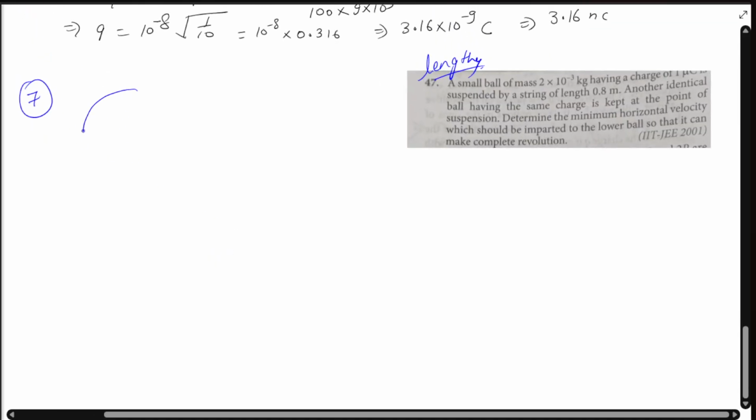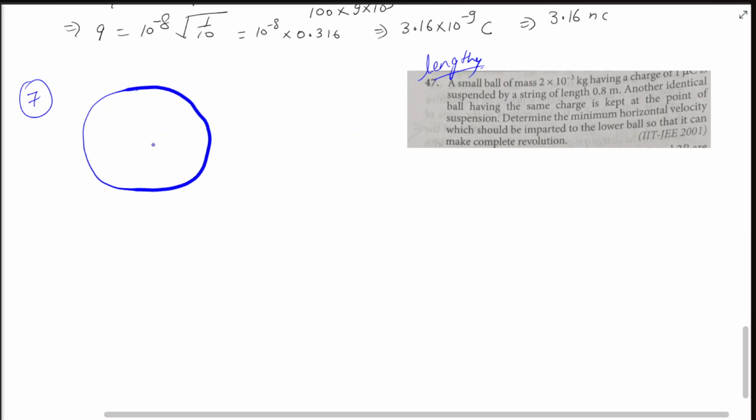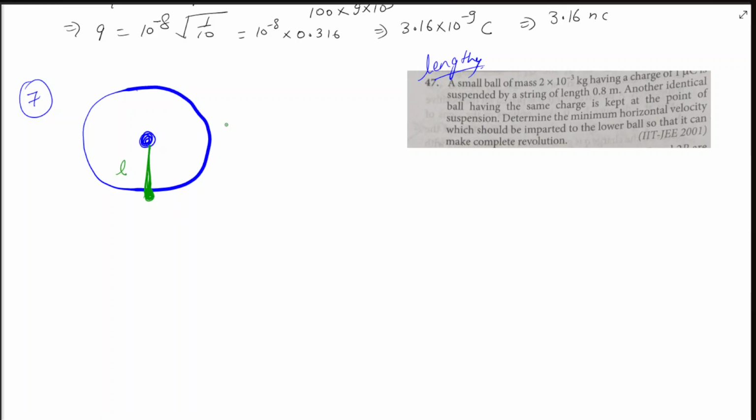Now we have vertical circular motion. There is a particle here and there is a particle here, right? They are connected with a wire or string of length L, and L is given as 0.8 meters. We have to give a certain velocity here so that it will complete the whole circle.